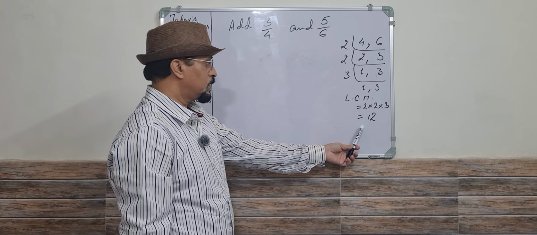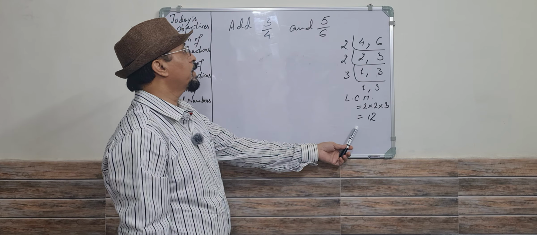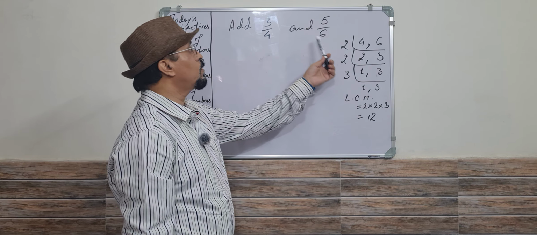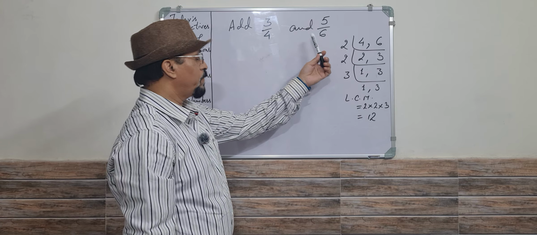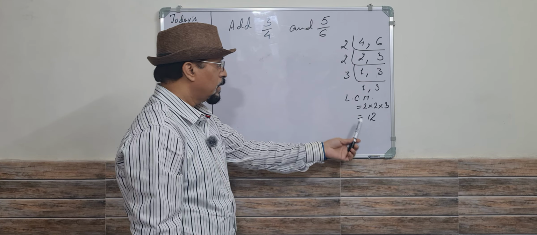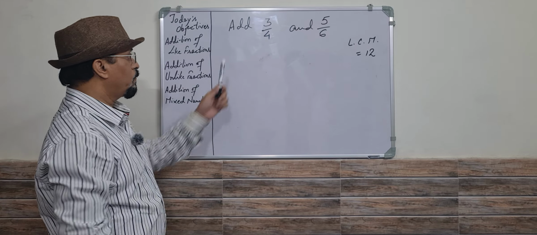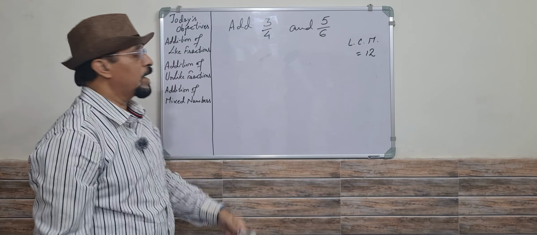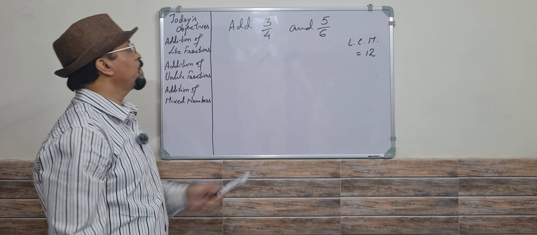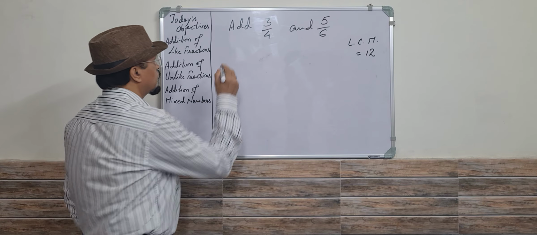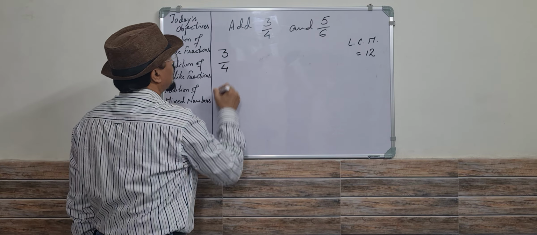Once I have got this LCM, I need to make the denominators of both of these fractions as 12, and then we will further work. So I have got LCM as 12, as you saw the calculation we did just now. And now we need to convert this. So let's take 3 by 4.